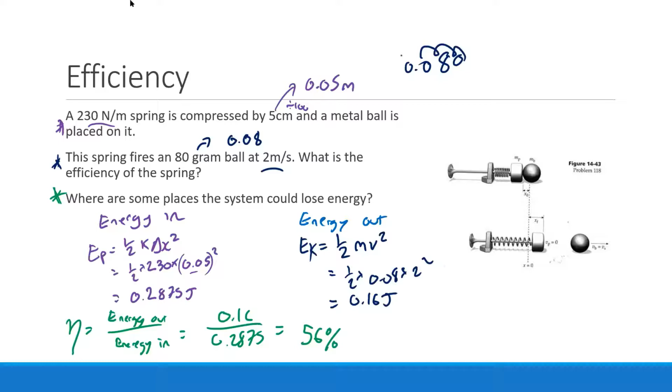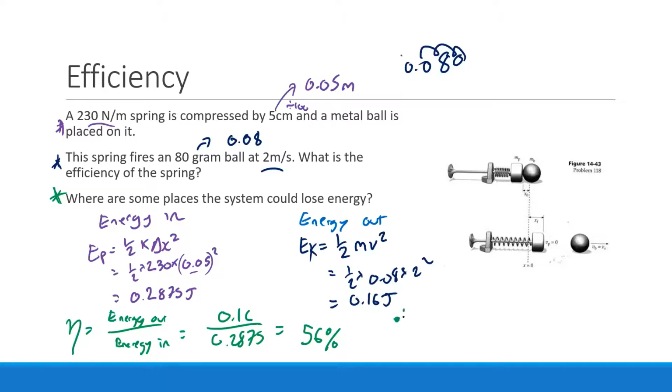There are 2 classic answers that I would usually always write down if you're not sure, but there are some other ones too. Where could the system lose energy? Heat is one of them. Thank you, Rochan. I'm going to make sure my volume's up in case you guys are actually speaking. Heat's one of the ones that we always do.